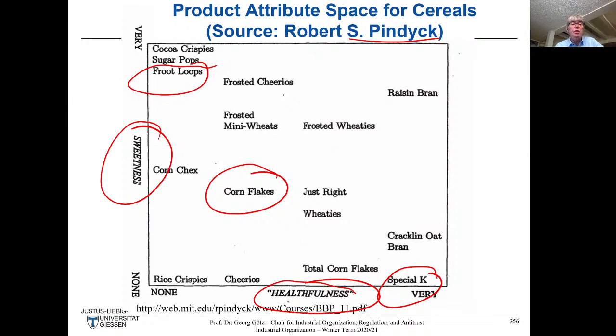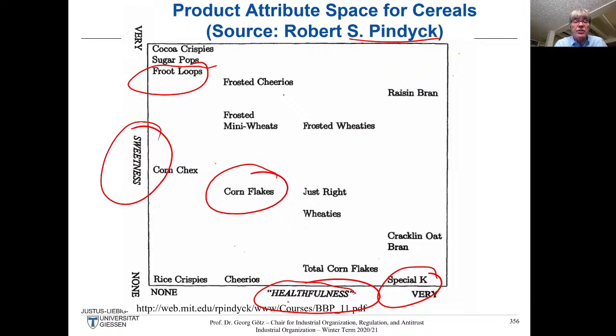The point is that the product space is rather crowded, and you might think that this is part of the strategy of these companies to make it hard for potential entrants to find some spot which is not yet occupied by some product they offer.